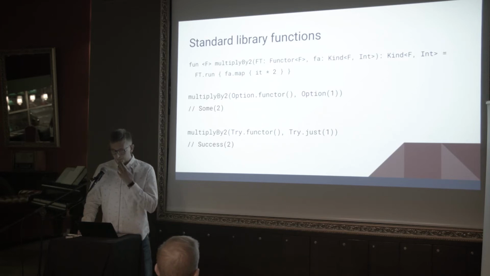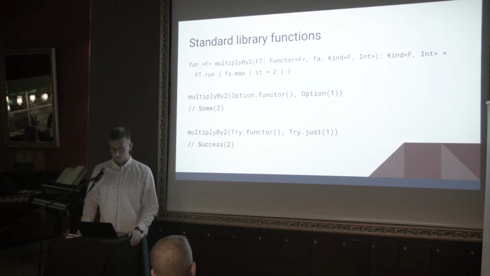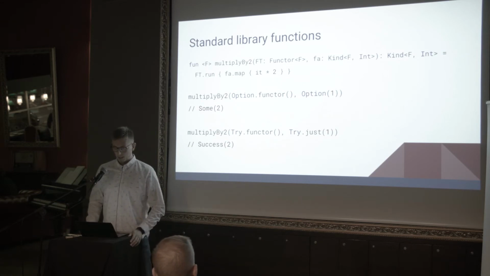And for example, we can create a multiplyBy2 function which takes our Functor instance and our container F of, for example, Int. Then we use the run function on the Functor instance, and we can simply map over our values in our container and multiply them by 2. We can pass it an Option, a Try, and all other implementations of this type class.